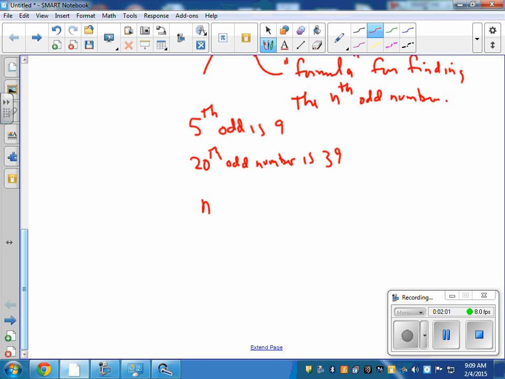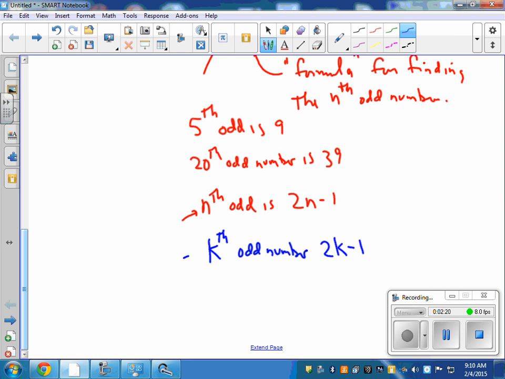Notice the nth odd is 2n minus 1. I can put anything in for n here. I can put in the letter k. What is the kth odd number? Well, that would be 2 times whatever the number k is, minus 1. Very similar to this.